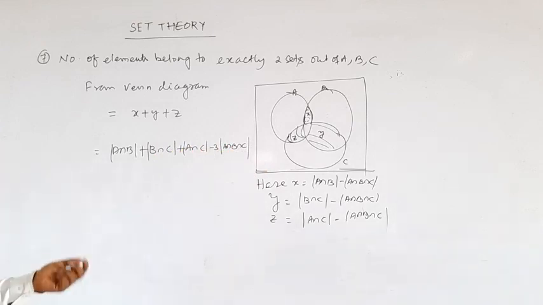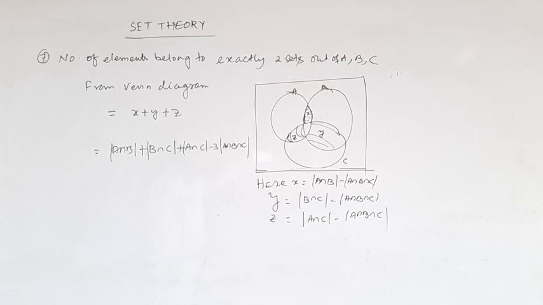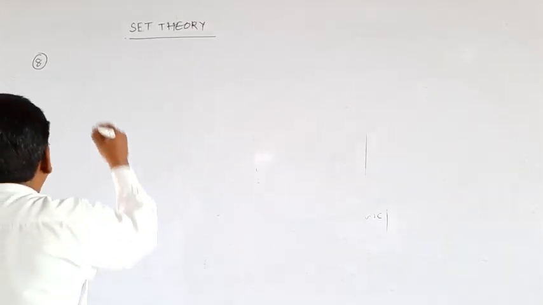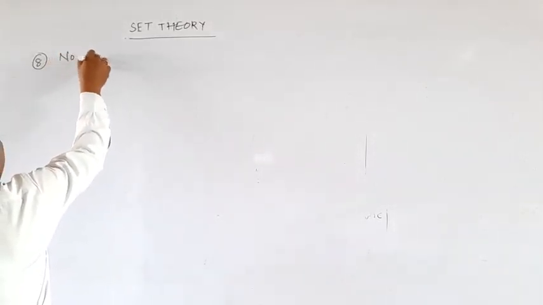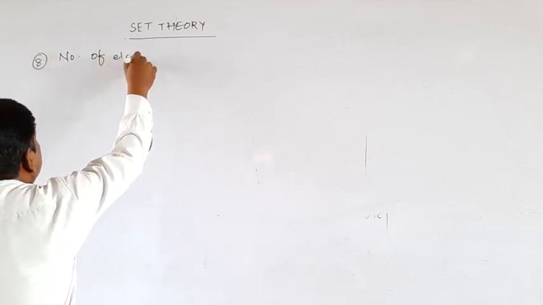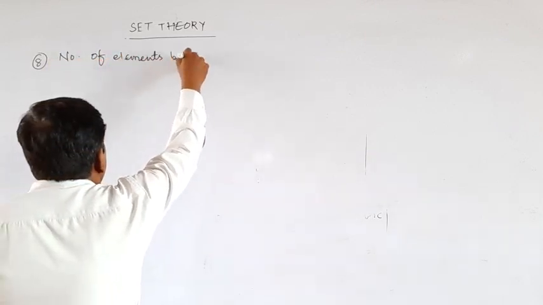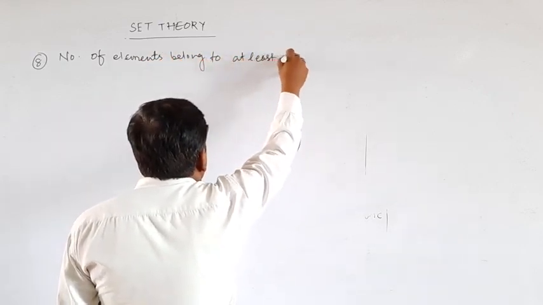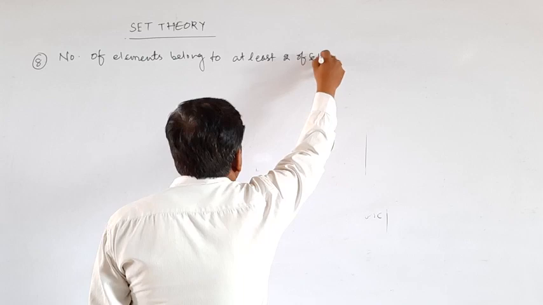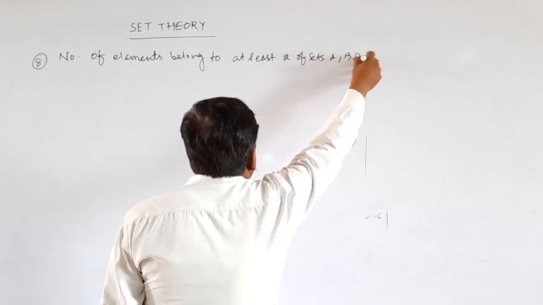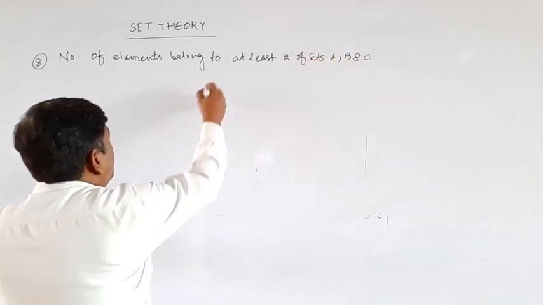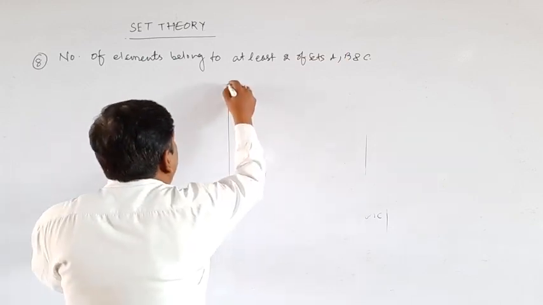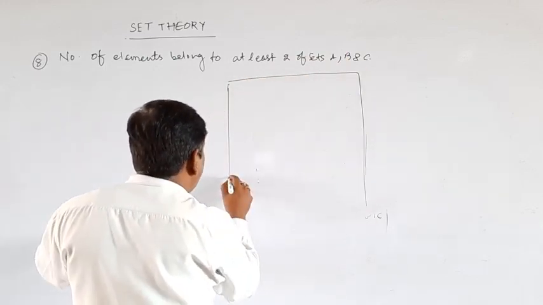Now, the number of elements that belong to at least two of the sets A, B and C. The Venn diagram is like this.